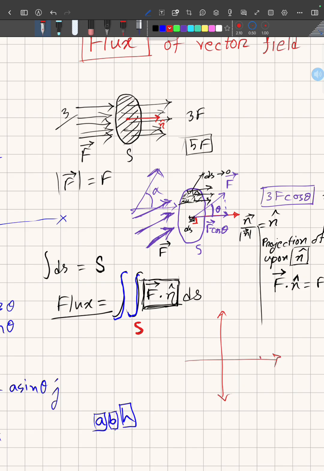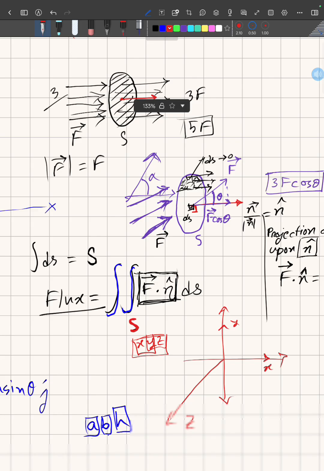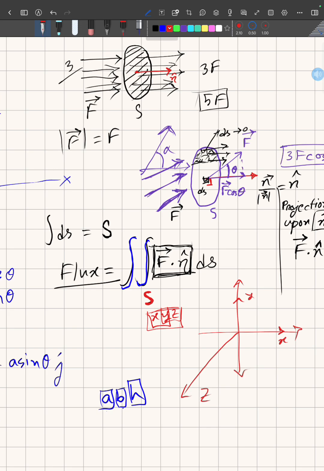Let's say in this direction x changes, in this direction y changes, and in this direction z changes. So this gives us a frame in which we can literally say that our parameters are changing in this direction, this direction. So we have to somehow convert this s into our x, y, and z. And because this is our surface integration, we will use only 2 coordinates, like either xy, yz, or xz, because a surface is flat and always lies in a coordinate plane.